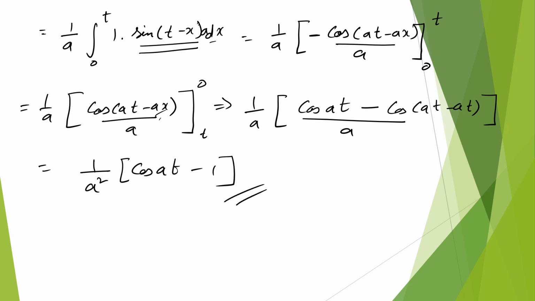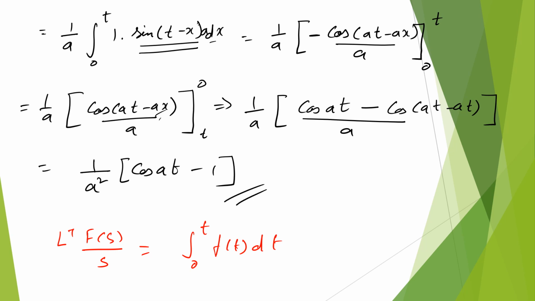So this is the solution for the given problem, which we can also solve by using the formula. The formula is Laplace inverse of F(s) upon s is equal to the integration from 0 to t of f(t) dt.